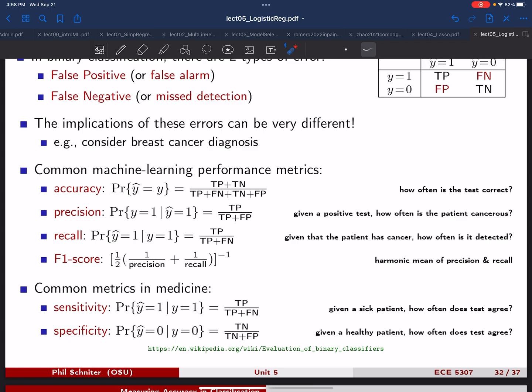So here, sensitivity is like given a sick patient, how often does the test agree? Or specificity: given a healthy patient, how often does the test agree with the truth? Okay, so these are all different ways to measure accuracy of classification. And so which one you use will depend on your application.